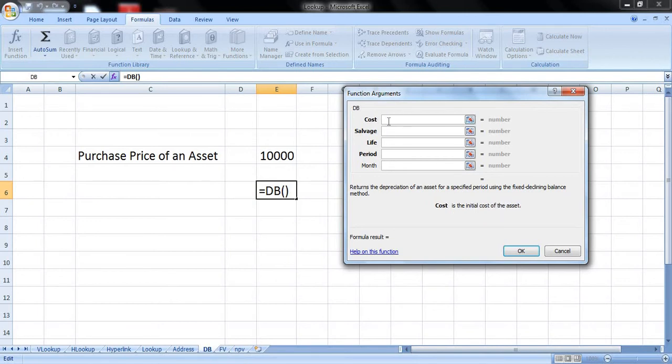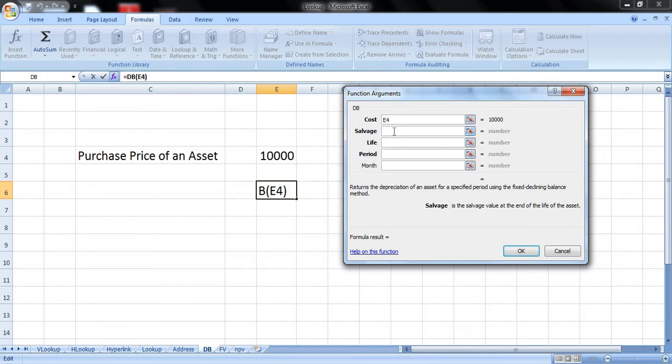So let me select first the first argument, which is the initial cost or the purchase price. I have entered here 10,000. So either type 10,000 directly in the argument list, or you can select any cell where you have entered the purchase price. E4 is the cell where 10,000 is written, so I will select this E4. Then the salvage value, the estimated scrap value.